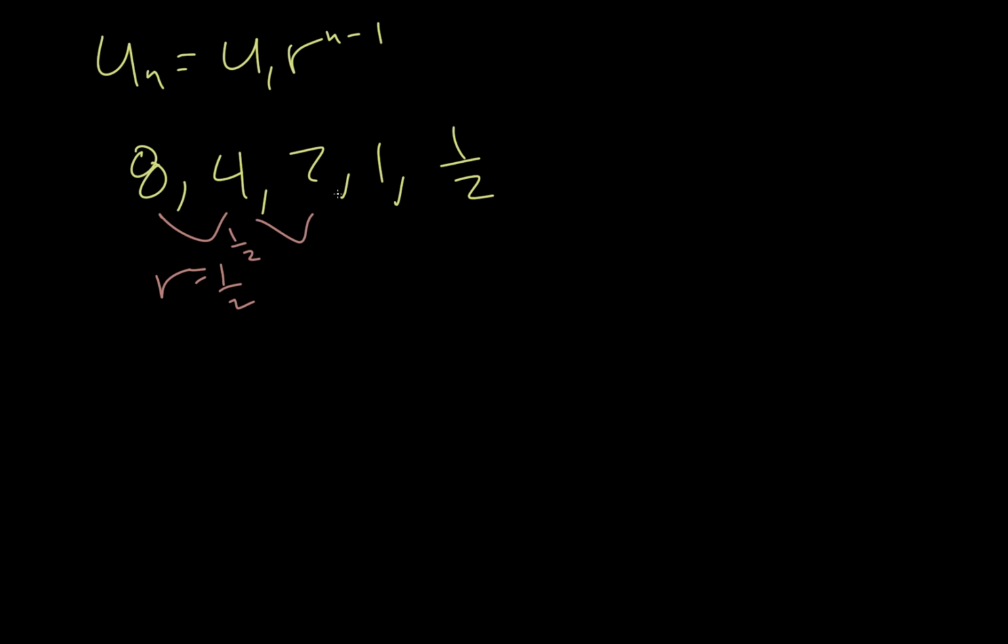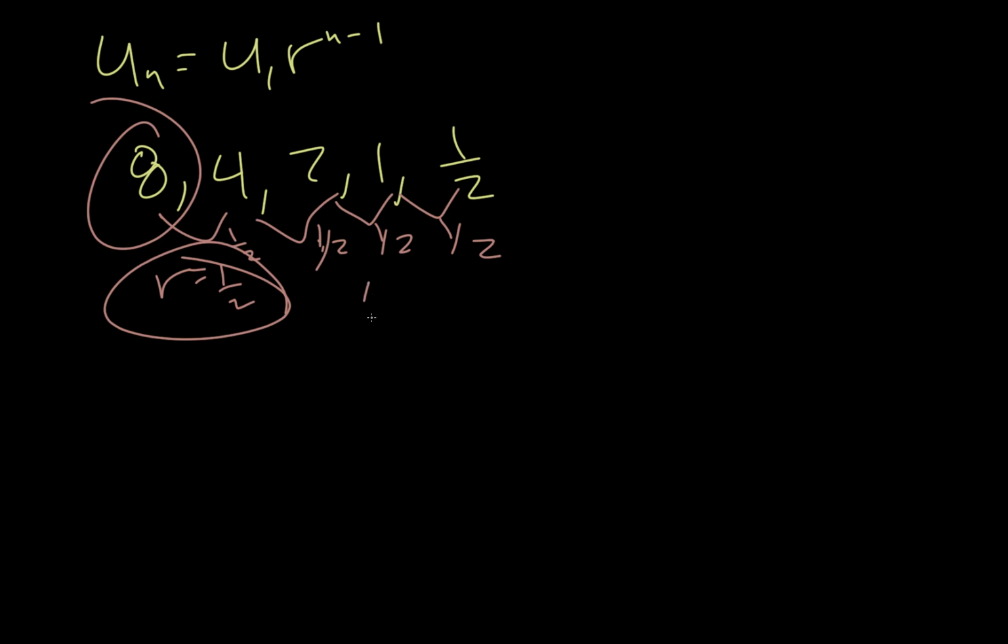So we are multiplying by 1/2 every time we go. Okay, so our common ratio is 1/2, and then we just have to state a starting point. Once we state those two pieces, we know that it's geometric, and that satisfies what it's asking on part A.